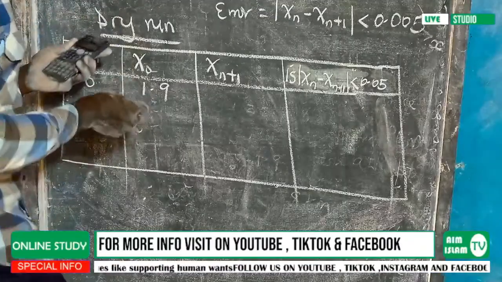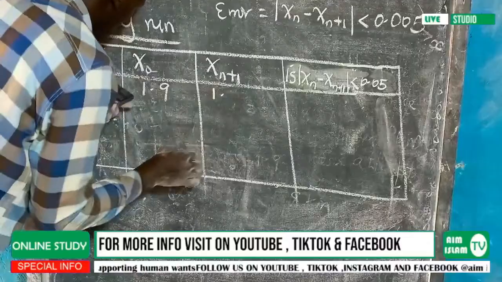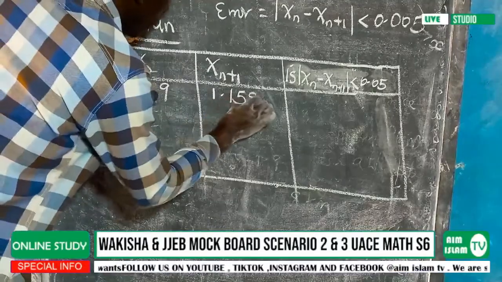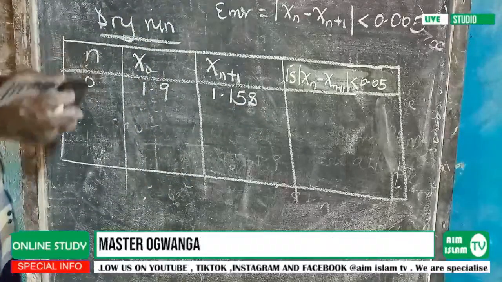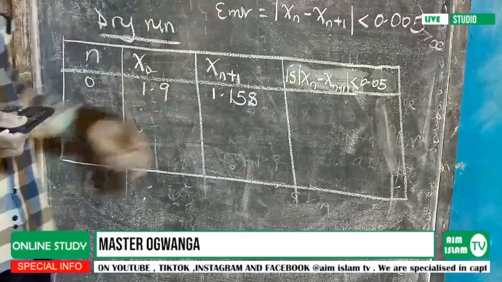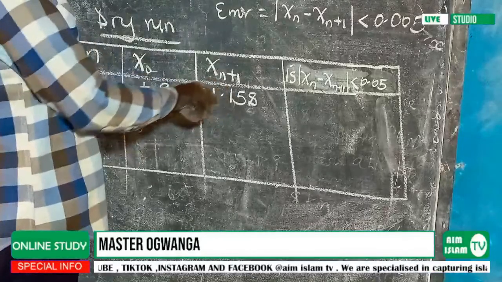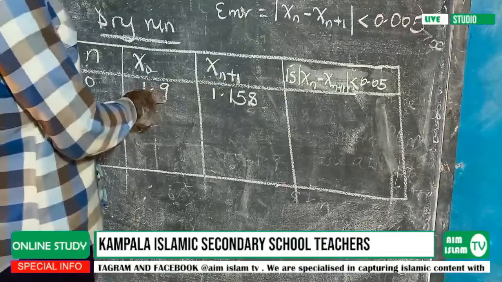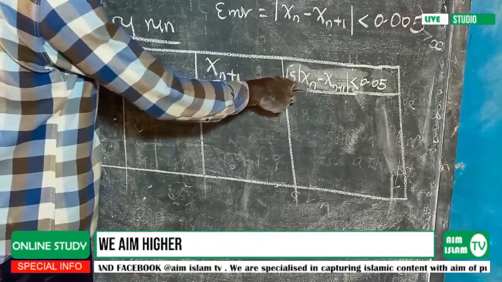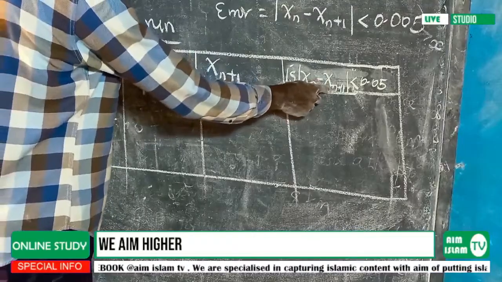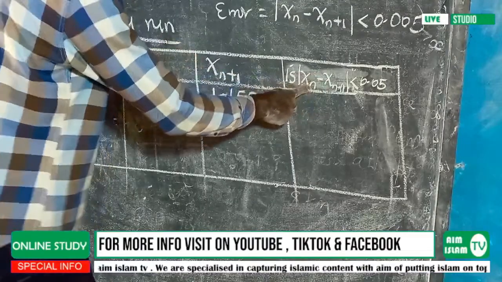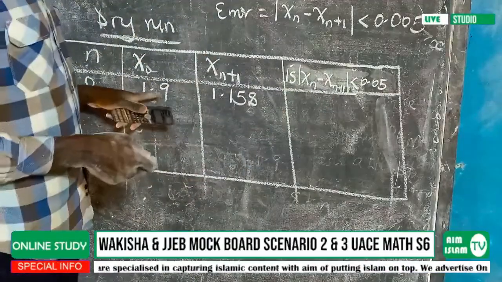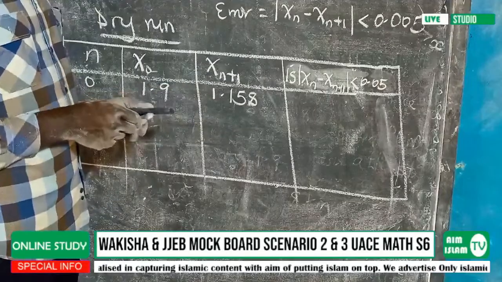So the answer here is 1.158. That is what we have got after substituting, meaning we are supposed to find the error by subtracting, because here we are looking at x_n being subtracted from x_(n+1). This x_n is the one acting as the initial approximation, meaning I get this minus that value.